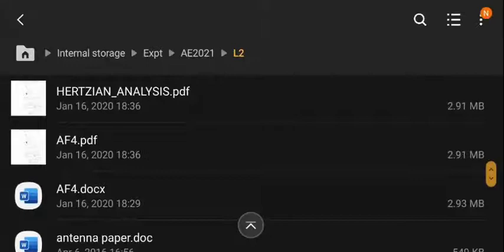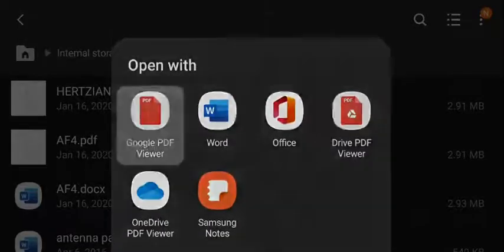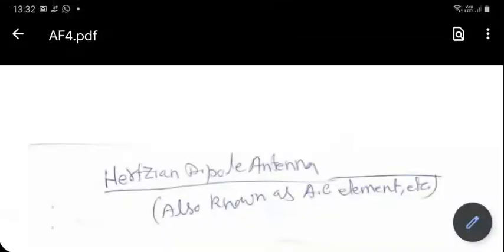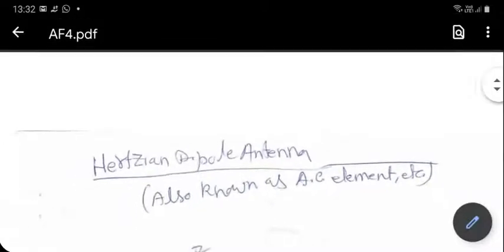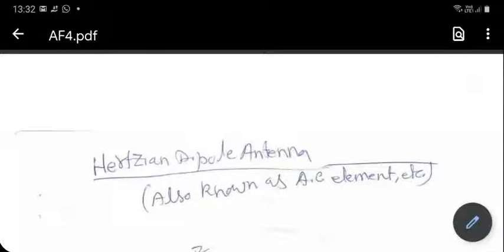Now, the real work. How to apply all this to the analysis of antennas. The simplest example of an antenna is a very thin and very small piece of conducting wire.